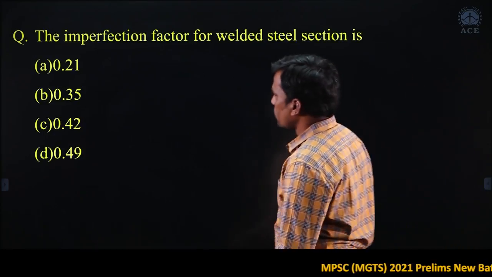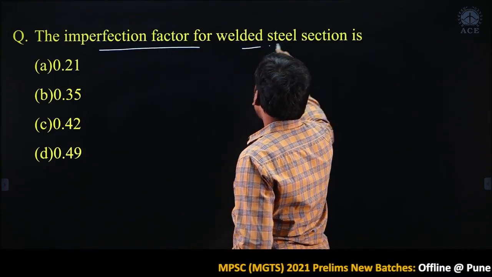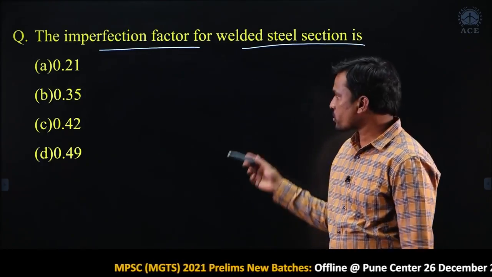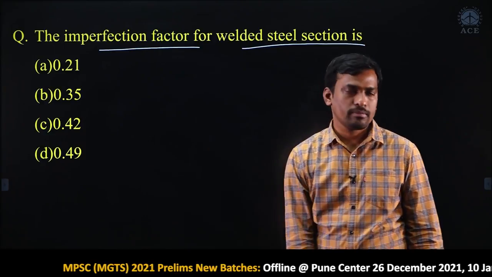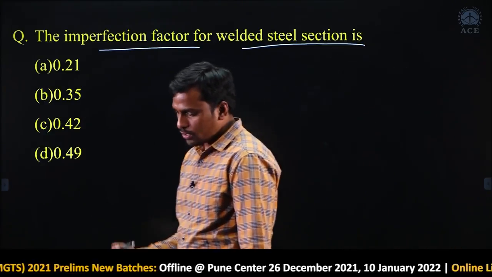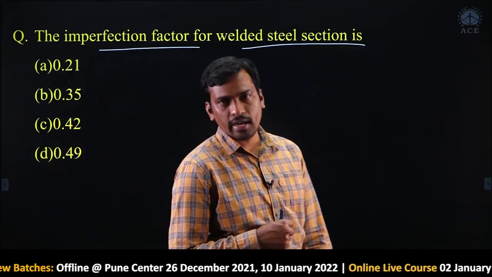Next question. The imperfection factor for welded steel section. This is a question from the beams chapter. Imperfection factors are given for two cases: one is rolled steel section, another is welded section.